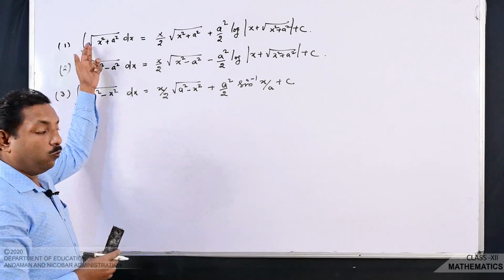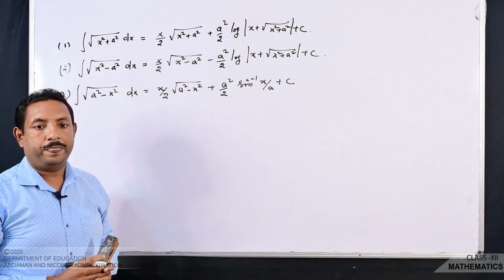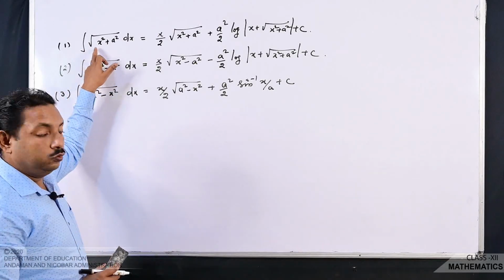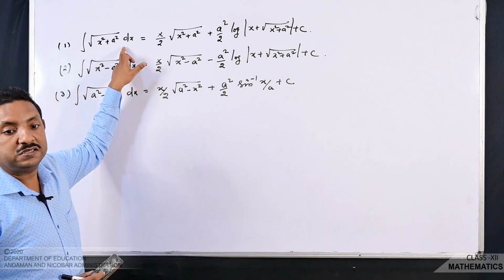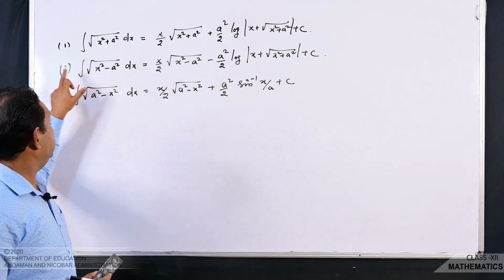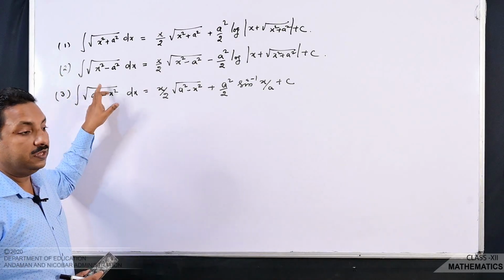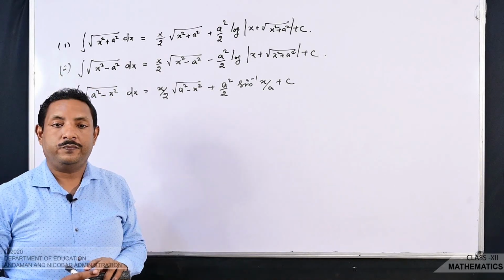Today I give you proof of one of them, and let us do the integration of root under x square plus a square. These two, number 2 and 3, you try in the same way as your homework. Let us see.